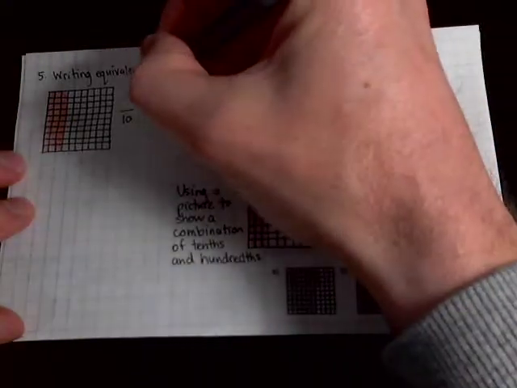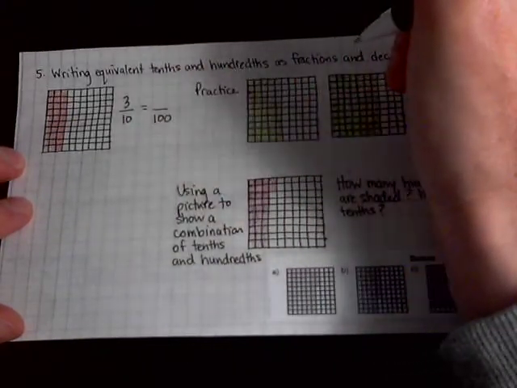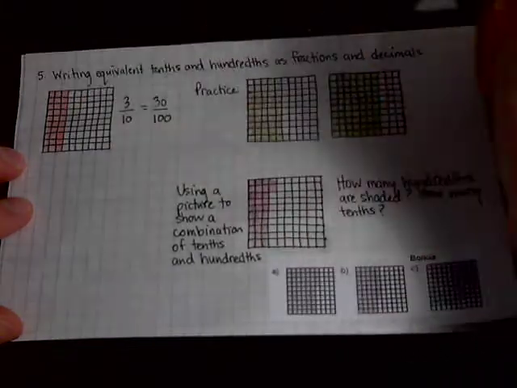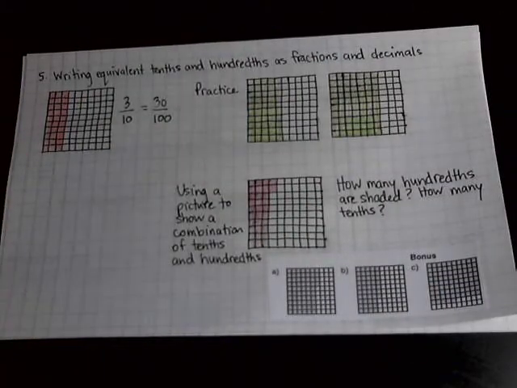So I've got 3 tenths colored in, and I have 30 individual hundredths, or 30 over 100, written in. And so the key point I want to identify here is that 3 over 10 and 30 over 100 are equivalent. They mean the same thing.